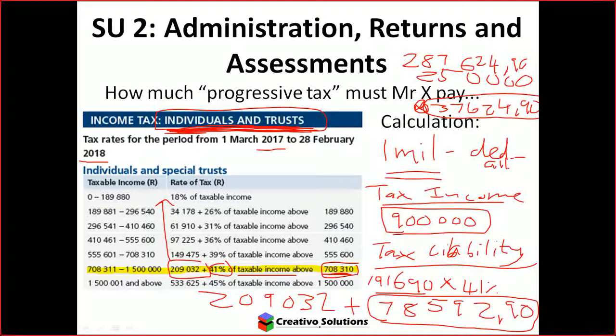The income or the liability? Then you should look at the income. Definitely. Okay, you have to look for the income because the income tells you how much they're going to be taxed on, and then the tax liability calculation is determining the amount left payable, or the change, in other words. Yes, sir. Okay.